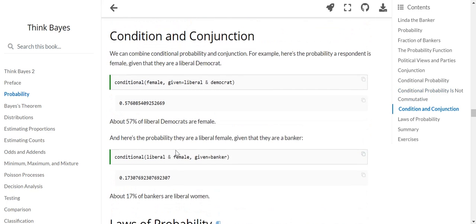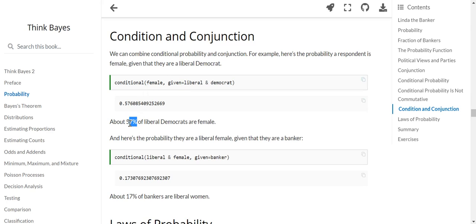Okay, moving ahead, condition and conjunction. We can combine conditional probability and conjunction. For example, here's the probability a respondent is a female, given that they are liberal and Democrat. First of all, you found all the people who are liberal and Democrat, and then out of those you looked for the people who are female.